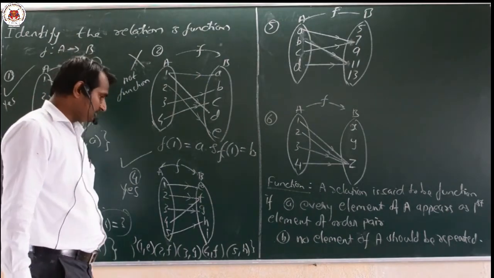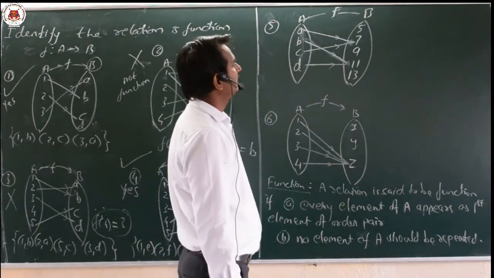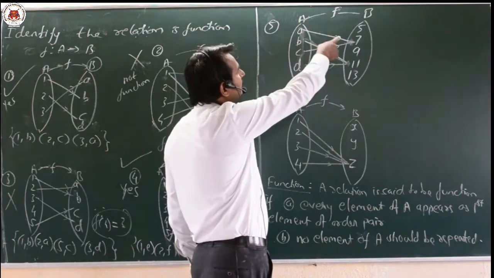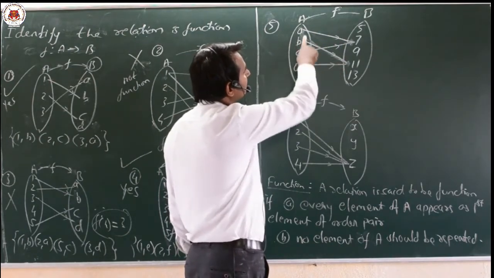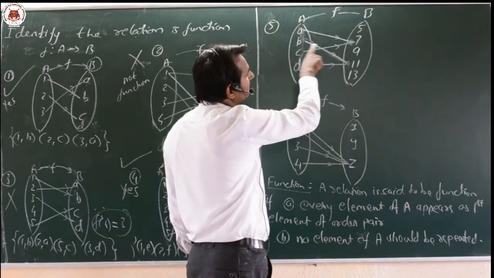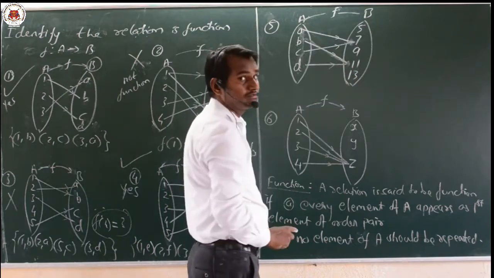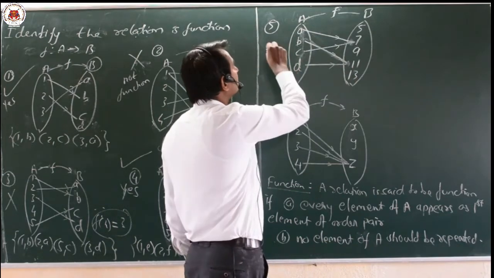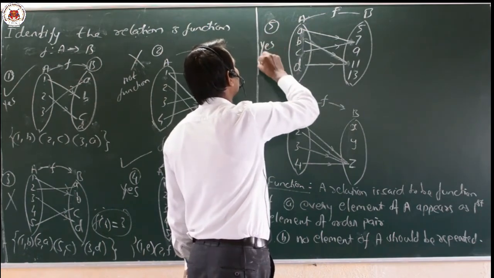Now the last example, the fifth example. We can observe that every element of A is having an image. Set A, that is A to 7, B to 11, C to 9, then D to 11 we have. Therefore it is a function.